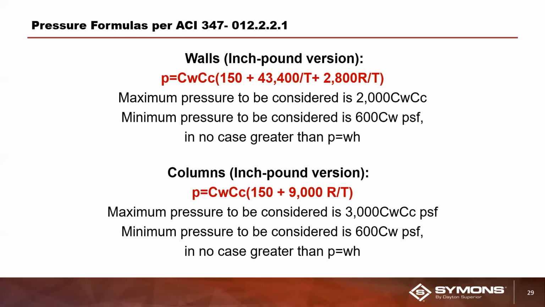So with this formula, that's what you would use for walls. They have a column that calculates four columns. With the wall dimensions here, usually with P equals WH, you're within 5%.